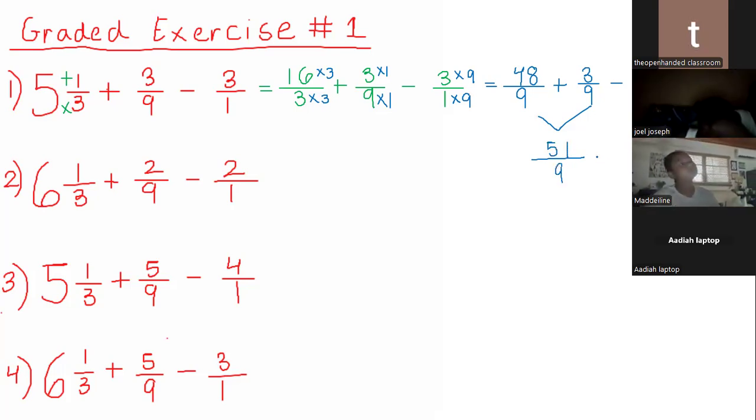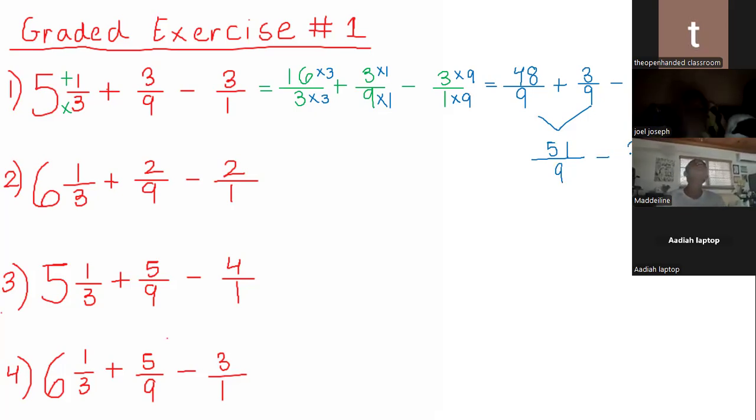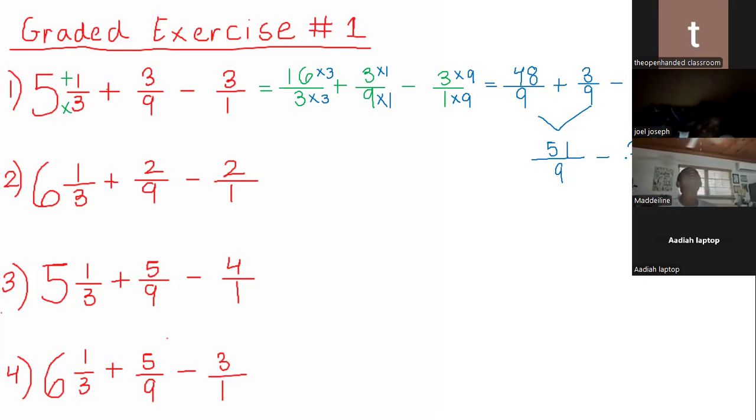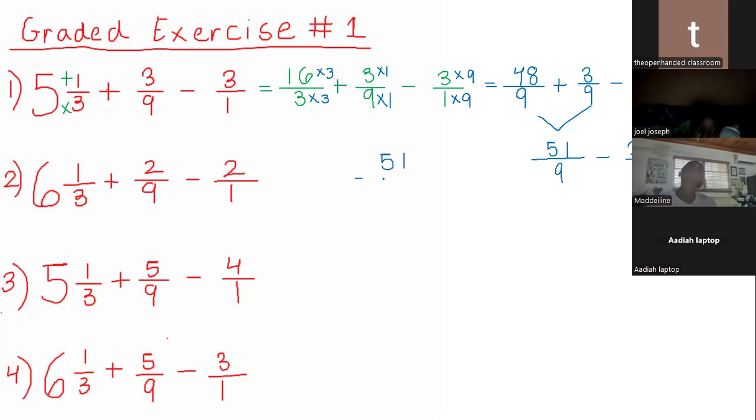Minus 27 over 9. And we have to subtract 51 and 27. What does that give us?